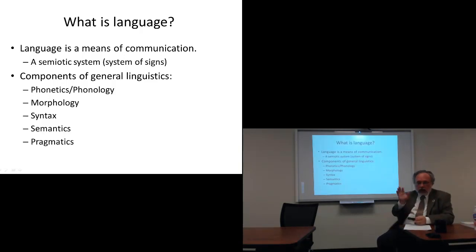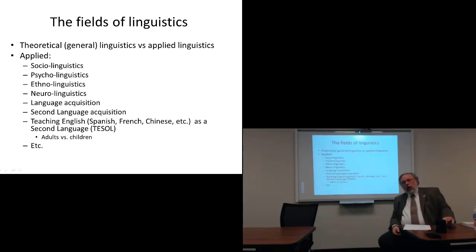Again, this is just a very, very quick, broad outline, and roughly the class is structured along this perspective. If you look at the syllabus, you will see the outline of the course, and that it follows this outline. Now, remember I said there's theoretical linguistics, general linguistics, which is phonetics, morphology, etc. But then you have applied linguistics, where you take general linguistics and apply it to various problems.